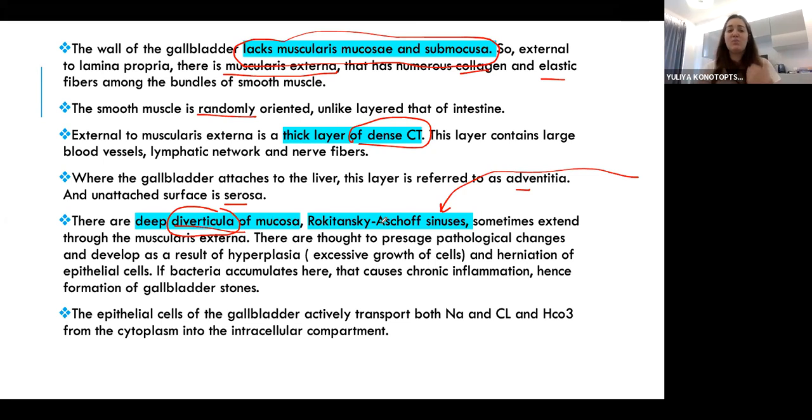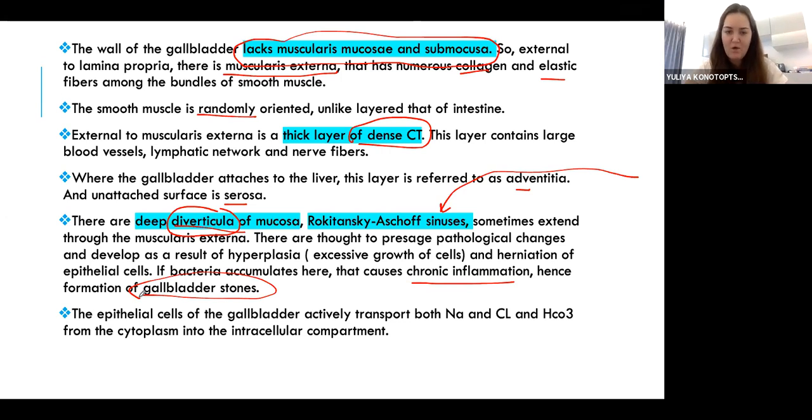If it accumulates in those places, it leads to chronic inflammation because it stagnates. It's not being cleared. It just stays within this invagination. And what will that lead to? It will lead to the formation of gallbladder stones. So to simplify it, the more Rokitansky-Aschoff sinuses you have, the more likely you are to suffer from gallbladder stones.